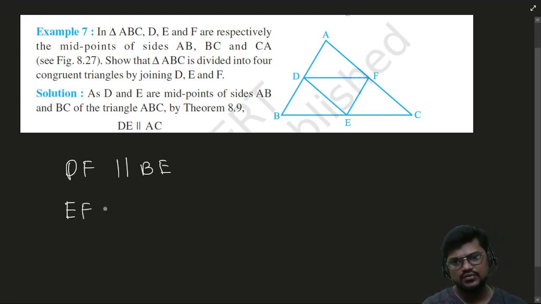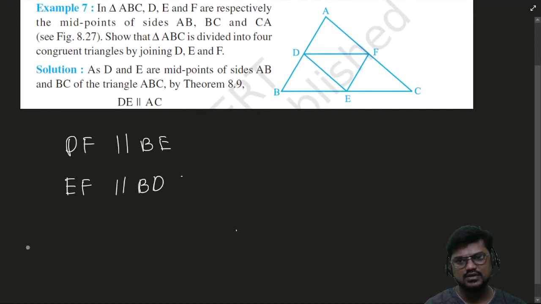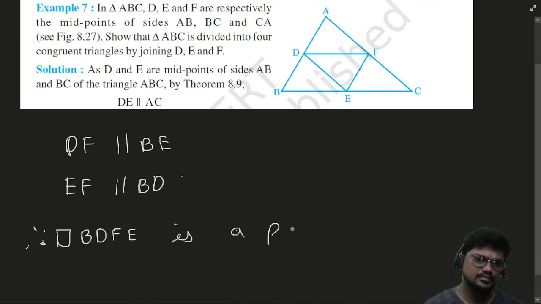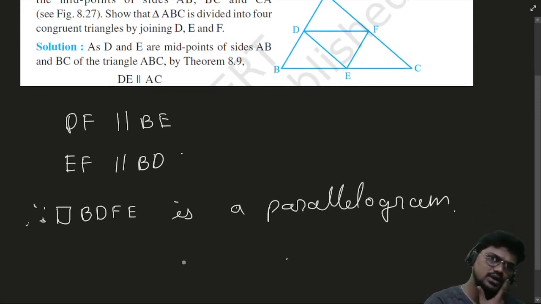Also, EF is parallel to BD. Now, if these two are parallel, then can I say that quadrilateral BDFE is a parallelogram? Yes, it is a parallelogram. Now, in a parallelogram, if you draw a diagonal, the two triangles will be congruent.